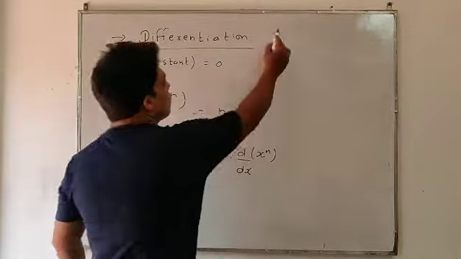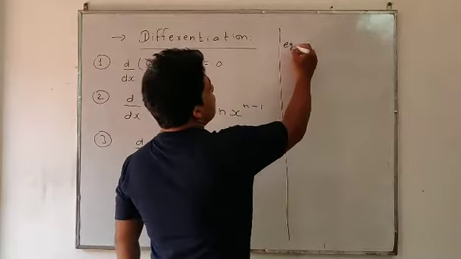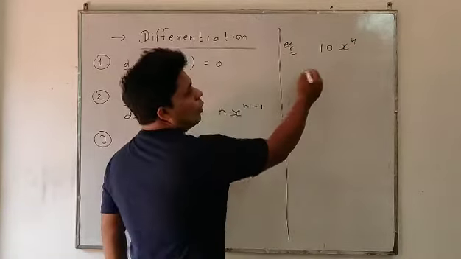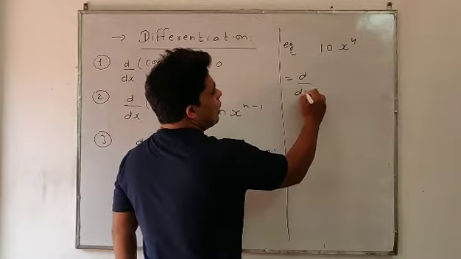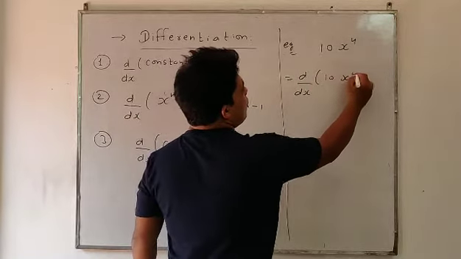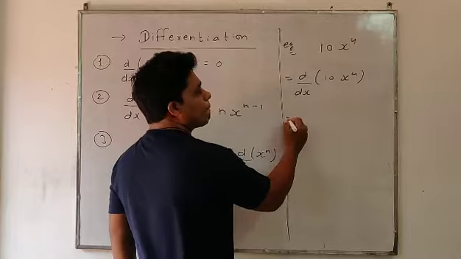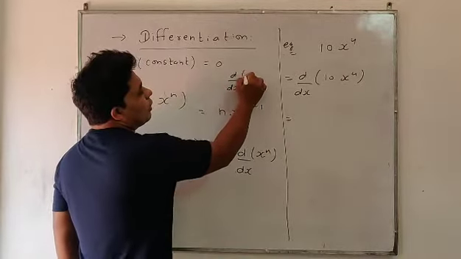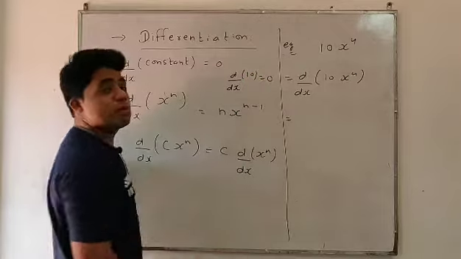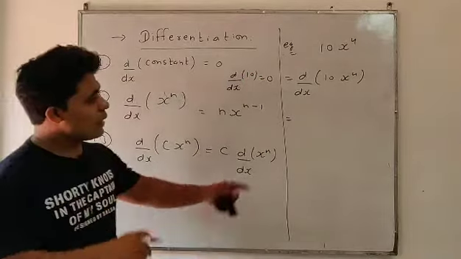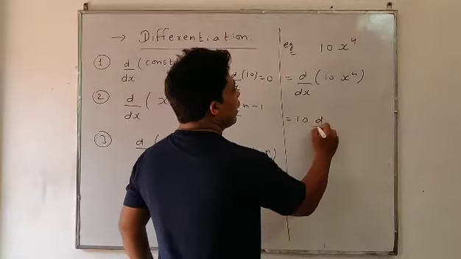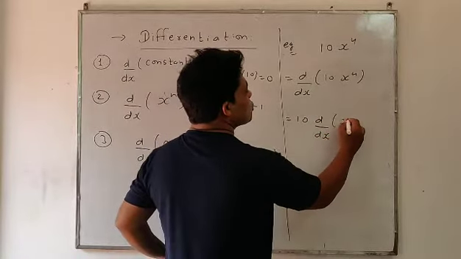I'll give an example. This time we have to differentiate 10x power 4. So we'll write d by dx of 10x to the power 4. Okay students, if 10 is alone, its differentiation will be 0. But here 10 comes with this function, that's why it comes outside and we differentiate only x to the power 4.